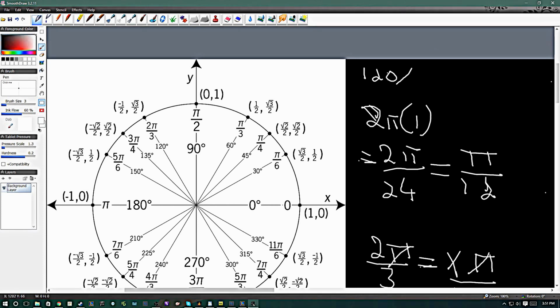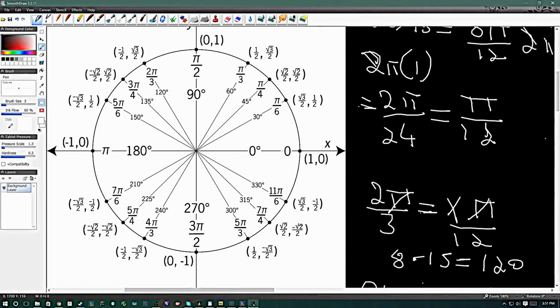You divide it by 15, because each radian is equal to 15 angle measures, and that gives us 8, and you multiply 8 by pi over 12, so we get 8 pi over 12, and then you just simplify that and you get 2 pi over 3. And that's how you convert between angles and radians.